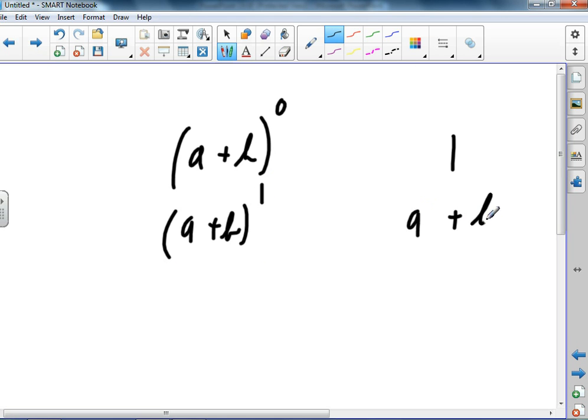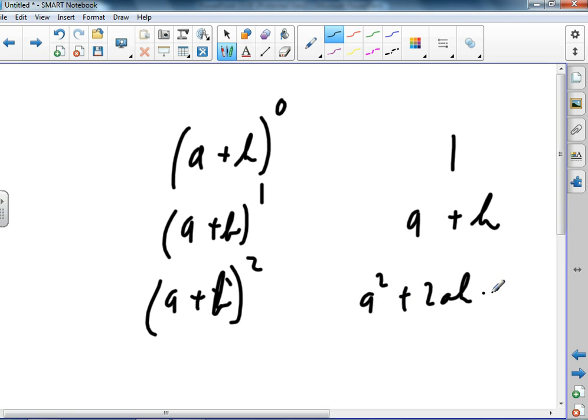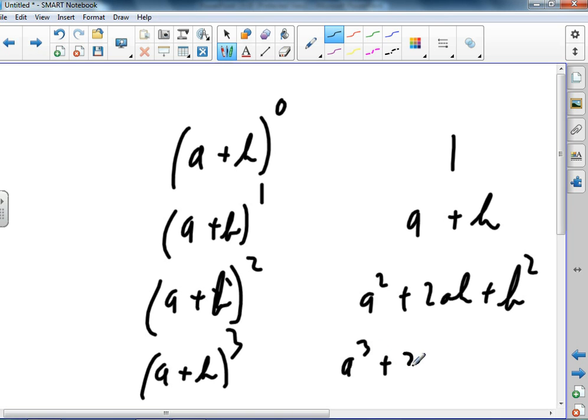A plus B. I have A plus B, and I raise it to the squared power, and I get A squared plus 2AB plus B squared. A plus B cubed: A cubed plus 3 A squared B plus 3AB squared plus B cubed. This is a binomial. I'm now doing a binomial expansion of it.